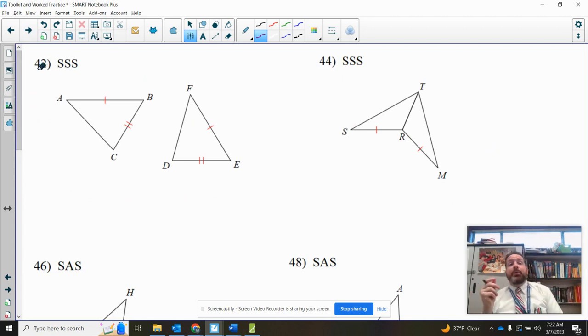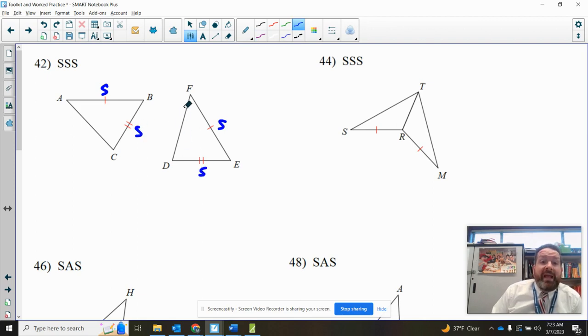Now on these, we're being told which method we're supposed to use, but some information is missing. We're supposed to list what extra information we need. So if I want to use side, side, side, I've already got here these match. I've already got here these match. What I don't have is this side matching this side.